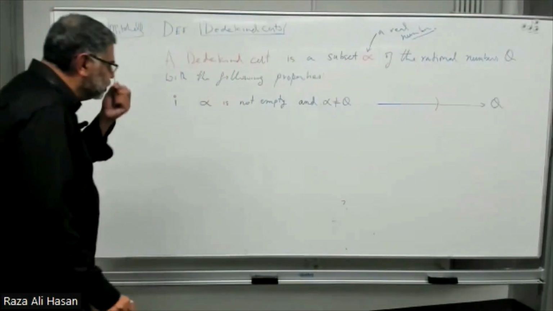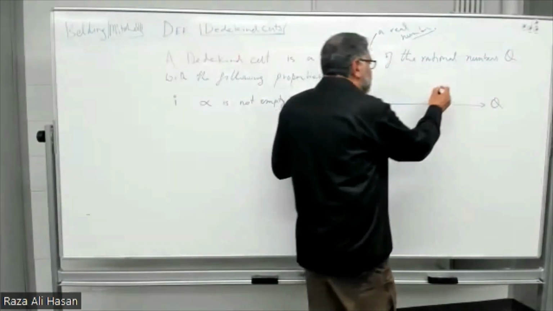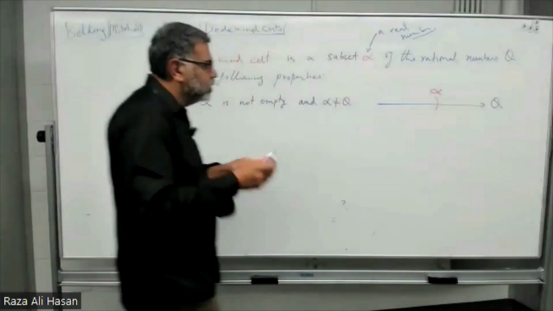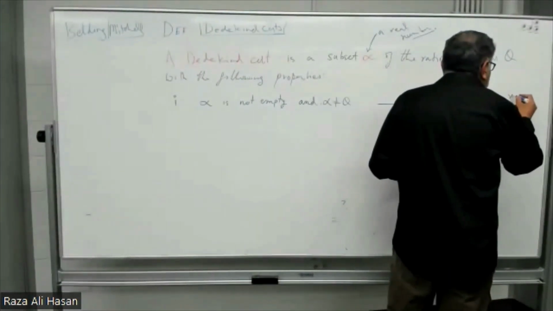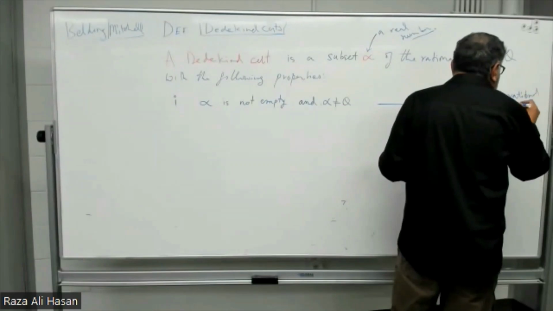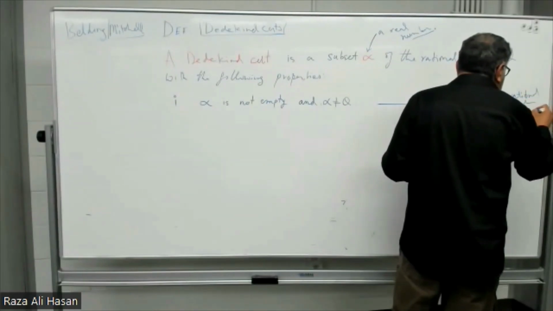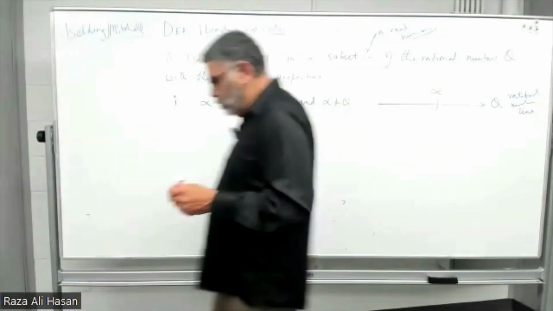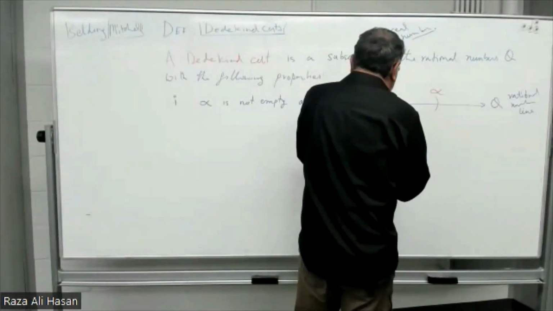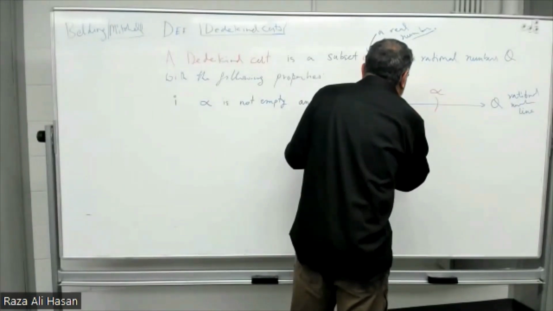So alpha is the real number on the rational number line. And then I'm going to show it with this color.